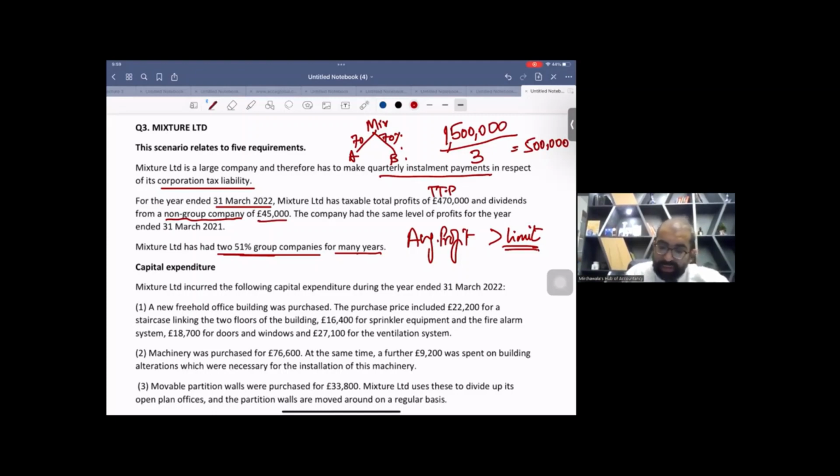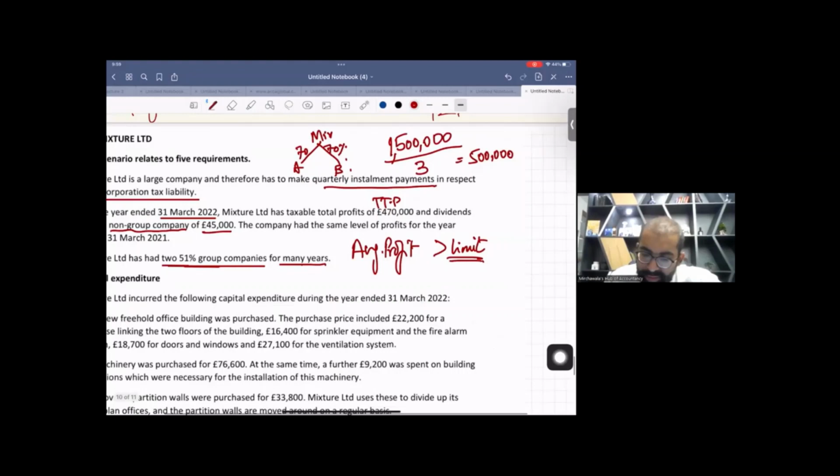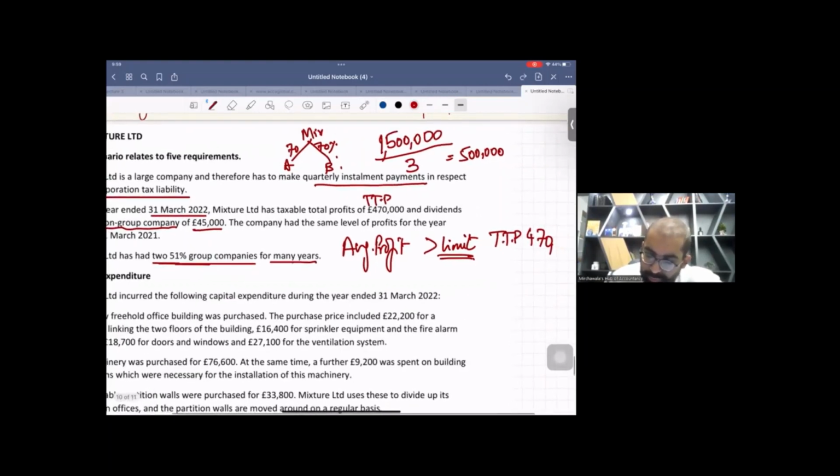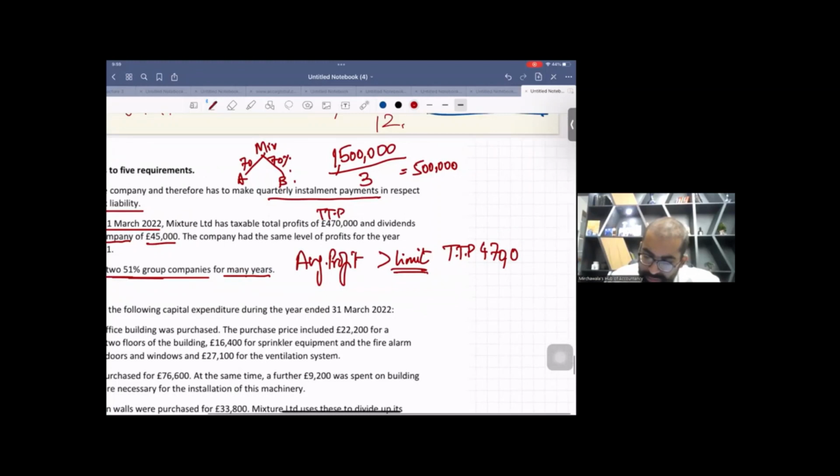So now wait, you remember how to calculate augmented profits? It's TTP, which is 470,000, plus dividends from unrelated companies, which is 45,000.